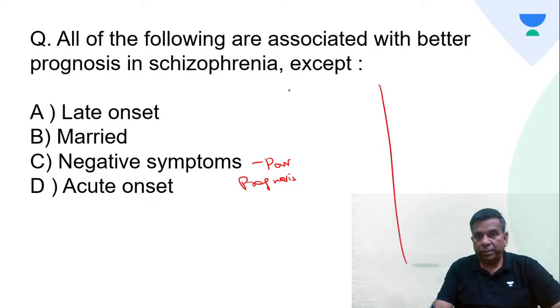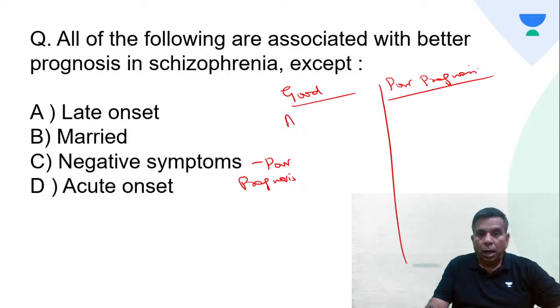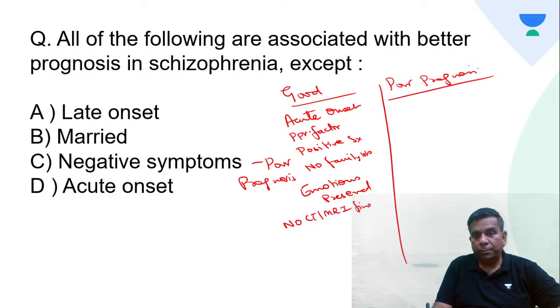So we just have a revision of good and poor prognosis in psychiatry. We just say it's acute onset, usually after a precipitating factor, predominantly positive symptoms, no family history, emotions being preserved, no CT scan or MRI finding, somebody married, female gender, and late age of onset.